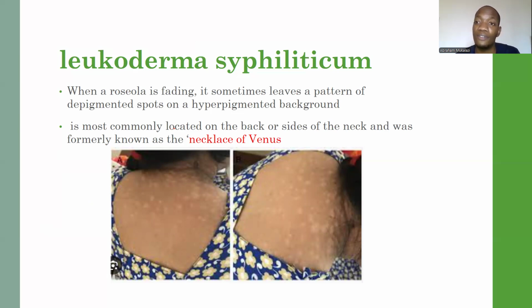And this is actually one of the things that we have had at least 2 to 3 cases in our clinic, where someone has this acute onset of hyperpigmentation following the rash that usually covers the trunk, the face, the scalp. And in that case, that's what we call leukoderma syphiliticum. And it was also called the necklace of Venus. So when you hear necklace of Venus, just remember that is the leukoderma syphiliticum.